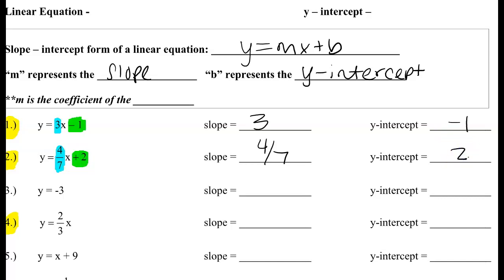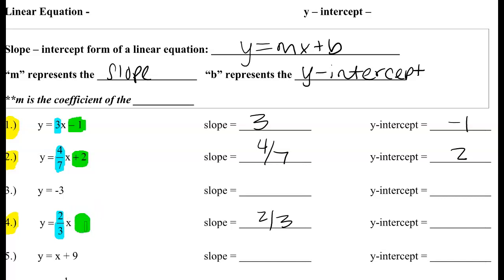Perfect. Now, the other example I've highlighted. Again, the slope, pretty straightforward. When you have a number in front of the x, that's your slope, so 2/3. All right, so our slope is 2/3. Now here's the problem. We said, if there's a number being added or subtracted, then that's going to be our y-intercept.